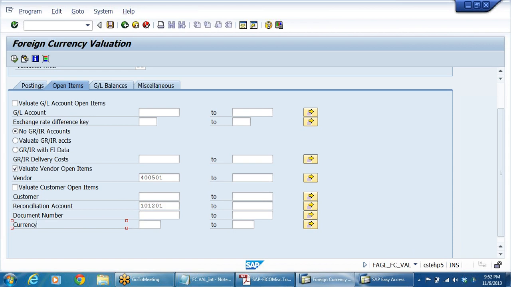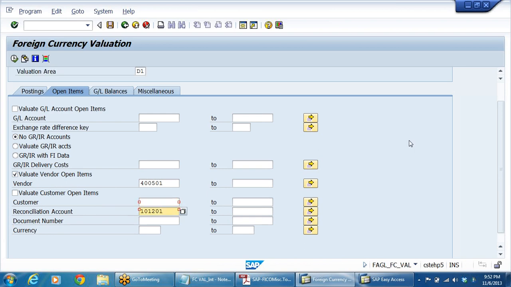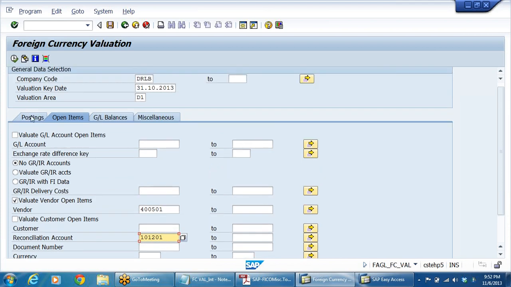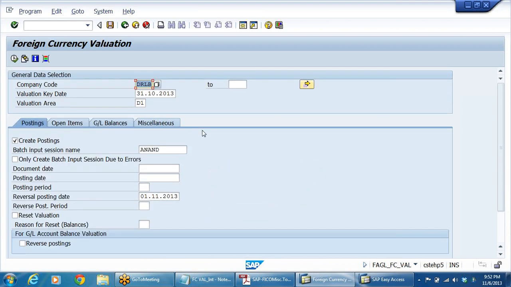Right. Currency not required. Right. Now let us see. Postings. Malaysian currency. Let me try.